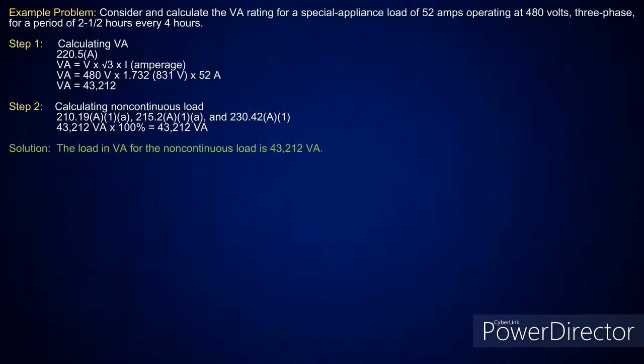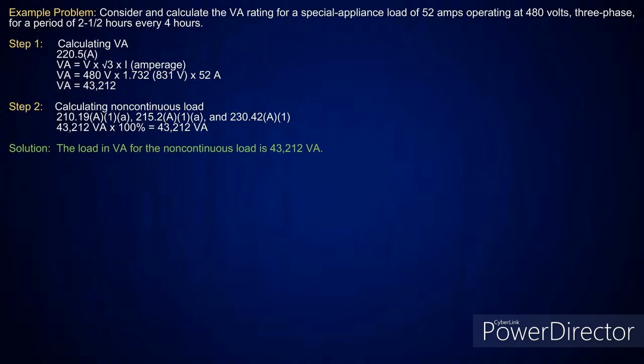All right. Now, let's look at this one here. Here's a special appliance load, but it doesn't operate for 3 hours or more. It's operating for a period of 2.5 hours every 4 hours, so it never operates at a continuous load of 3 hours. I'll just take the voltage here.